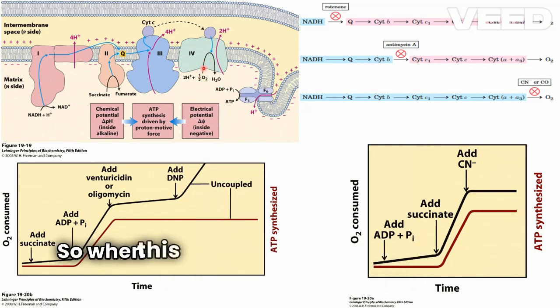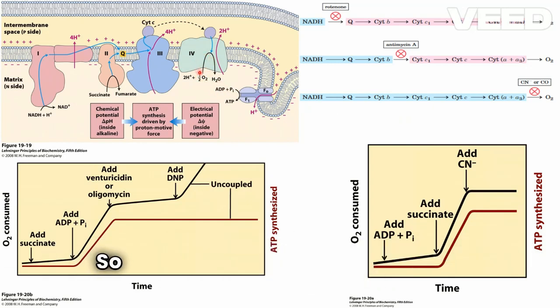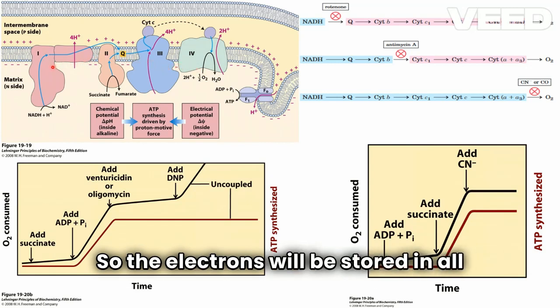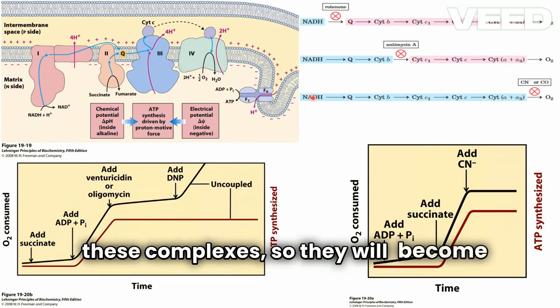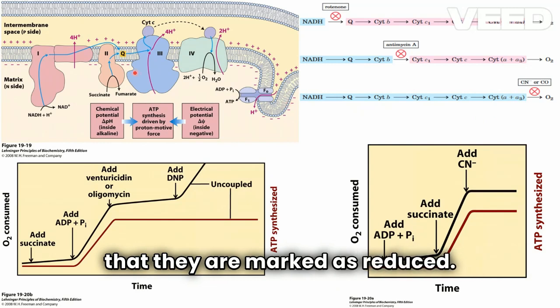So this oxygen cannot become water, so the electrons will be stored in all these complexes, so they will become reduced. Here you can see in the blue that they are marked as reduced.